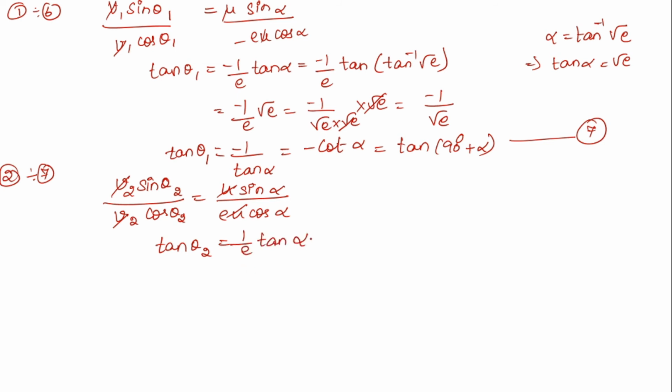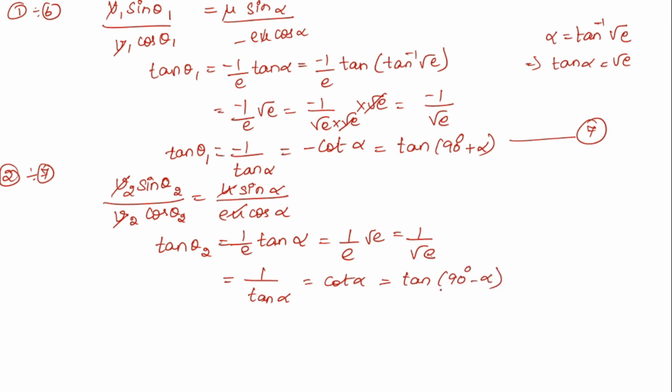So 1 by e into tan alpha is nothing but root e. So root e and 1 by e will get cancelled. So finally you will have 1 by root e. Root e can be written as tan alpha. So this can be written as 1 by tan alpha. So 1 by tan alpha is nothing but cot alpha. So cot alpha can be written as tan of 90 degree minus alpha.